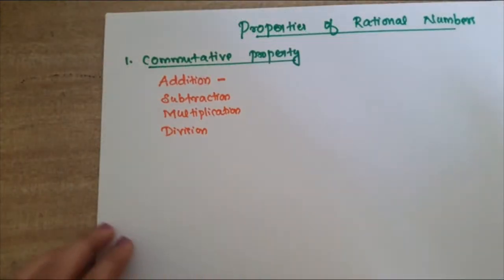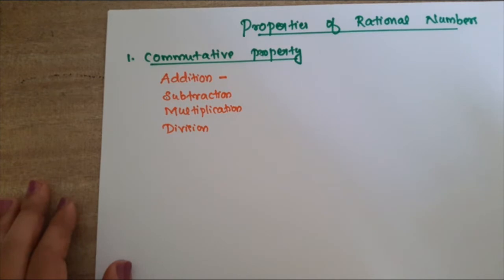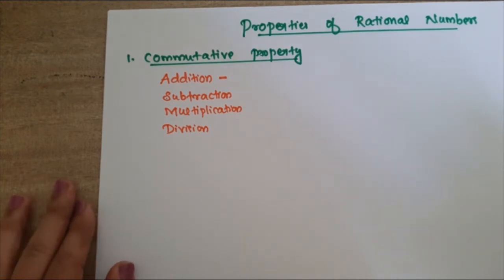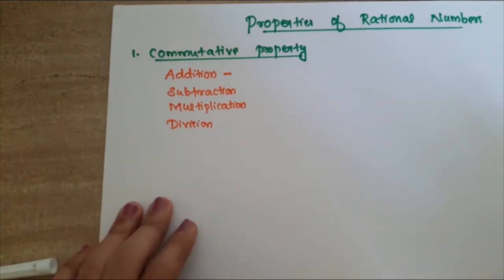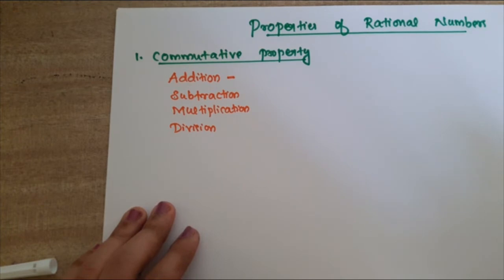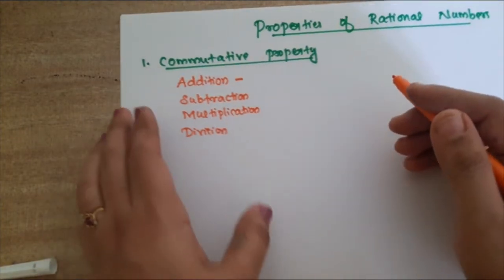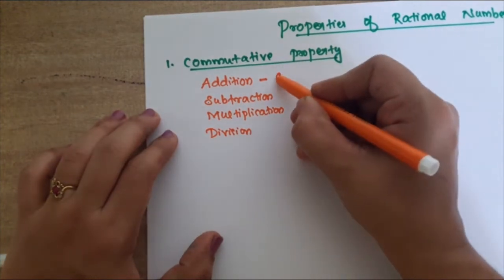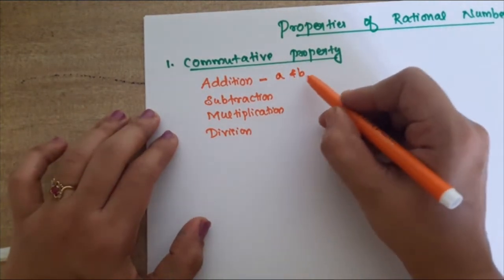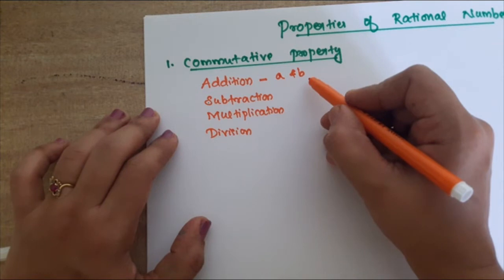Next topic is the properties of rational numbers. These rational numbers have properties. First one is the commutative property. Commutative property for addition: consider the numbers a and b, two rational numbers.